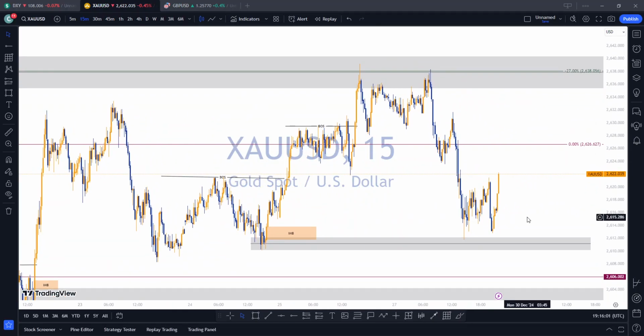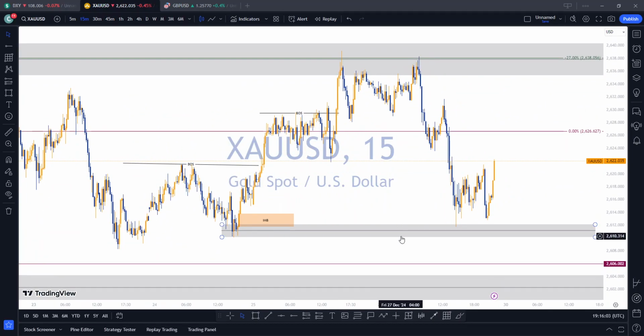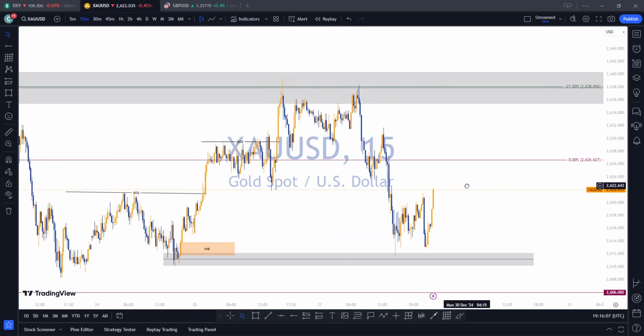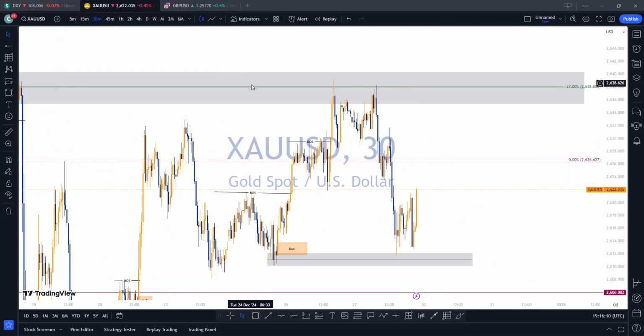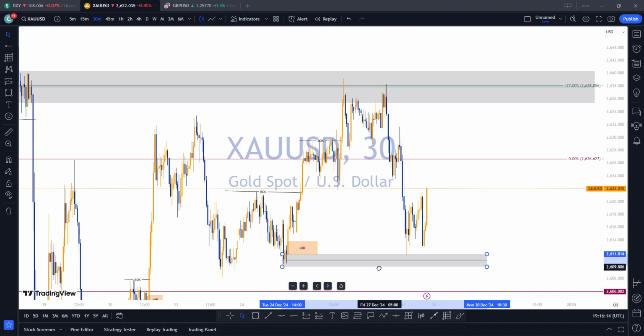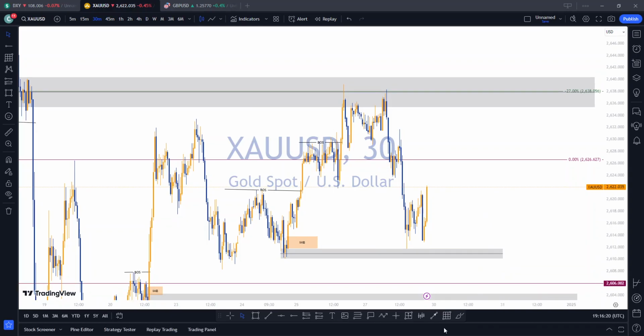So now what are we looking for, right? Because we tapped into a valid one right here. Go to my 30-minute time frame. We can see that this is where we tapped into this valid point right here, which also filled in the imbalance we have, right? So that gives us some sort of valid point around that area.